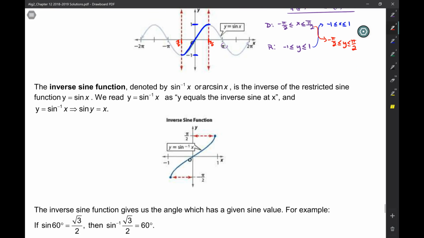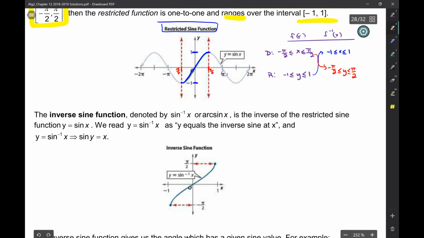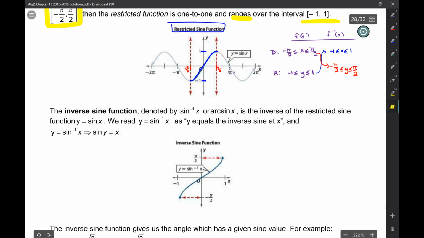All right, so let's talk about what inverse sine is. Remember how for inverse we do to the power of negative 1? The inverse sine function looks like this: inverse sine of x, or arc sine of x. These are new words now.